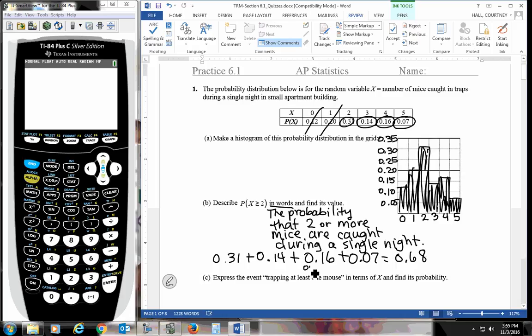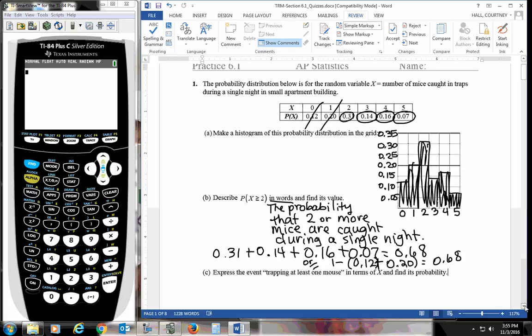So another way of doing it is you could do 1 minus the sum of 0's probability and 1's probability. So that would be 0.12 plus 0.20, which adds to 0.32. Subtracting that from 1 still leaves you with the 0.68. So either way, the correct answer there is 0.68.